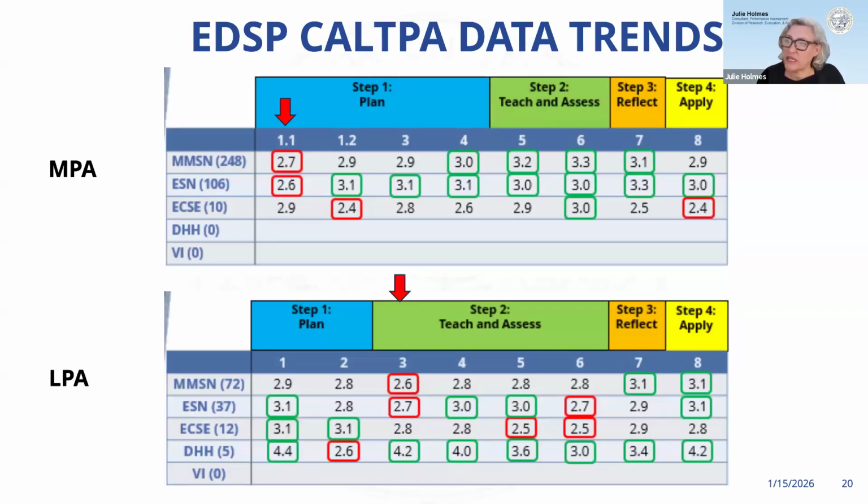For extensive support needs, I also had the same lowest scoring rubric. So we are going to focus on that today and look at that deeply and talk about that very first rubric in planning. And then all of the rest of their rubrics for extensive support needs had a mean average of 3 or higher. So that's really, really fantastic.